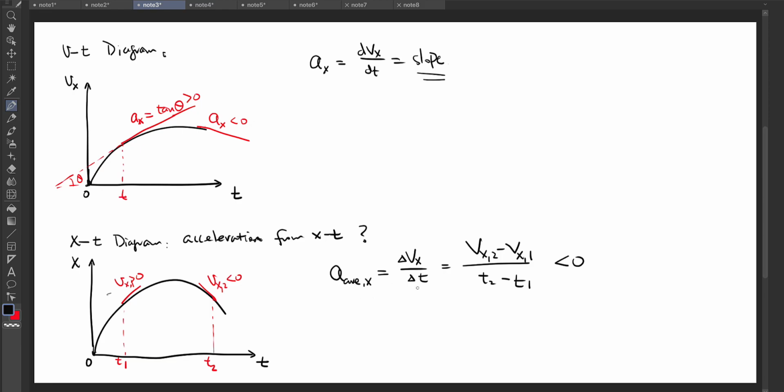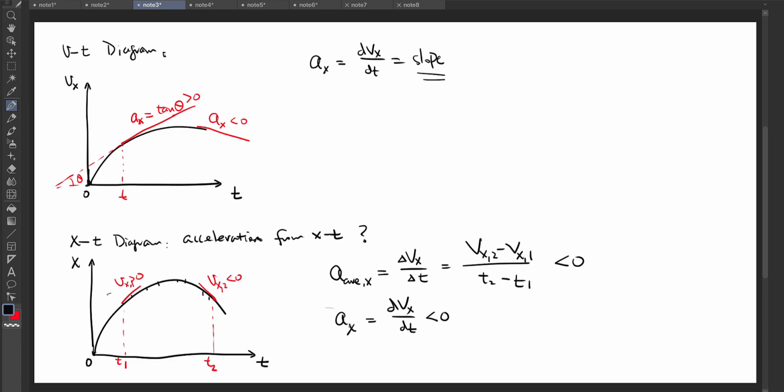In fact, this relation will hold in the limit of delta t going to 0. So the instantaneous acceleration here, which is dvx/dt, will hold at all these instants in between these 2 points.